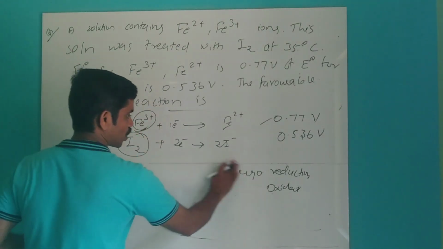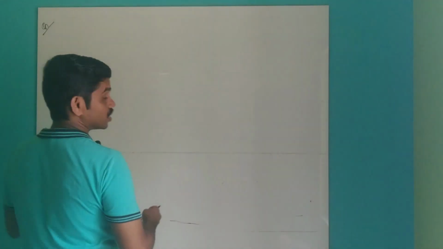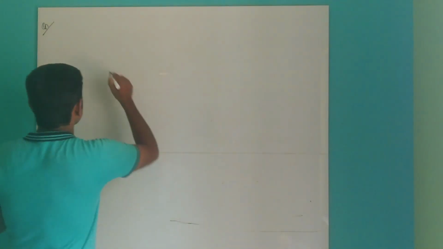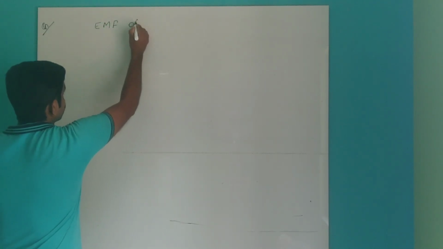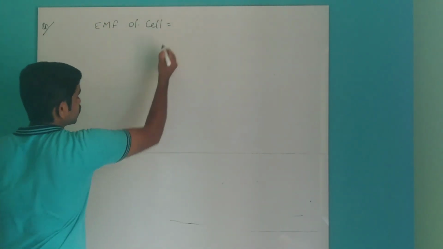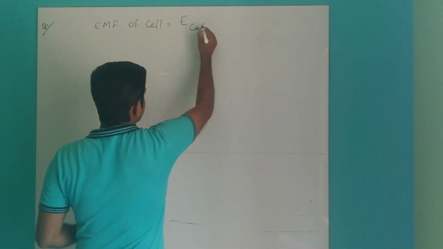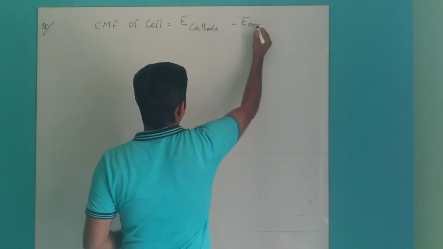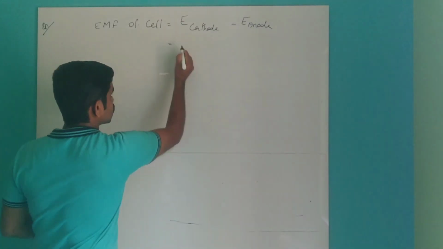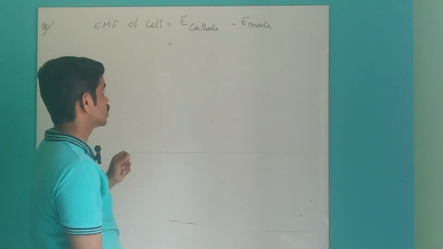Then moving to the next problem. The next question is related to EMF of the cell. So EMF of cell is equal to, we studied that, EMF of cathode minus EMF of anode. In standard condition we are measuring a reduction potential only.